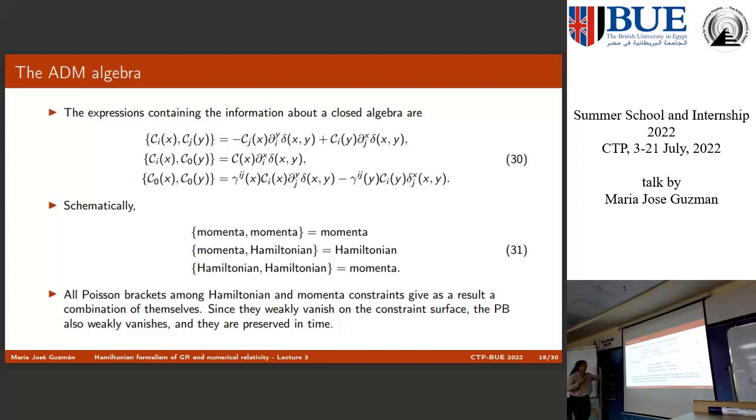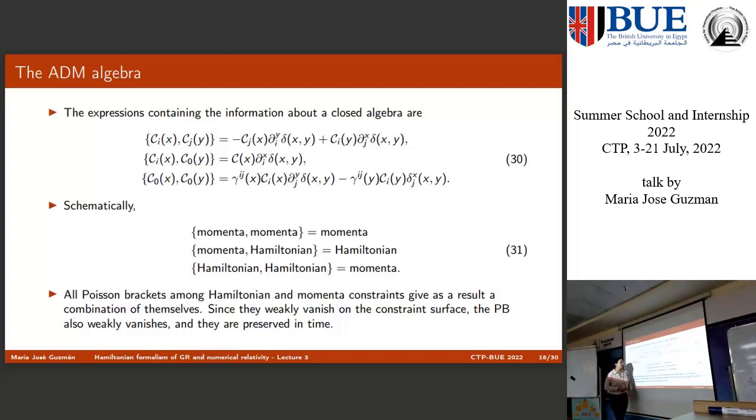So the way of doing it is to compute the Poisson brackets, and all these Poisson brackets give you something that looks complicated, but here I just schematically put for you: I compute the Poisson bracket of momenta with momenta, it gives me something with momenta. I get momenta with Hamiltonian, I get something that goes with the Hamiltonian constraint. Then Hamiltonian with Hamiltonian, it gives me momenta.